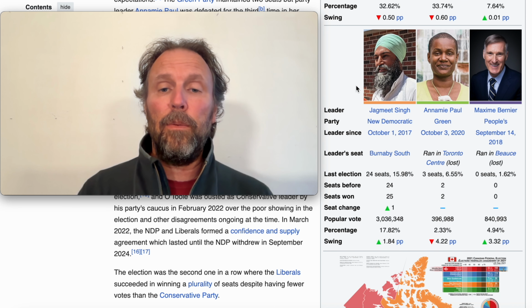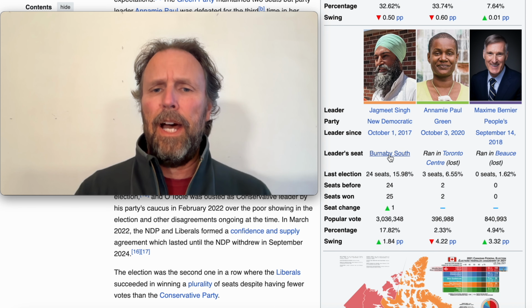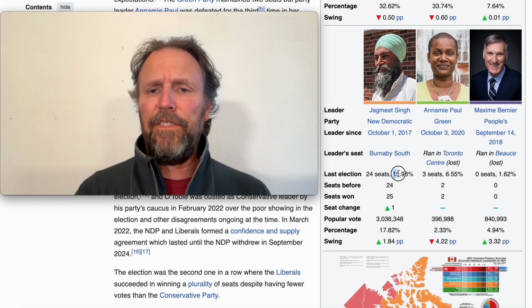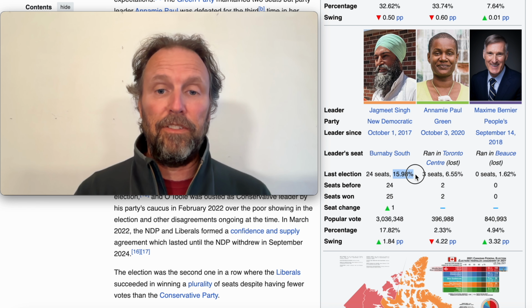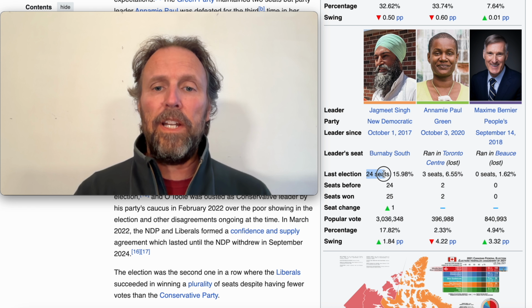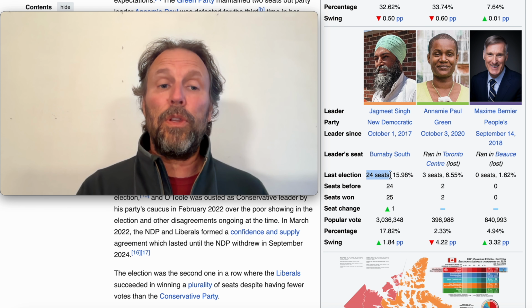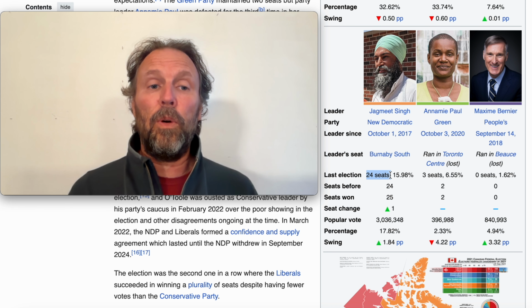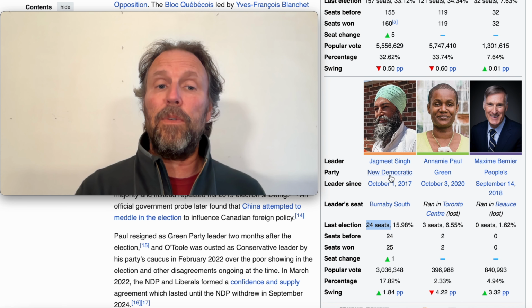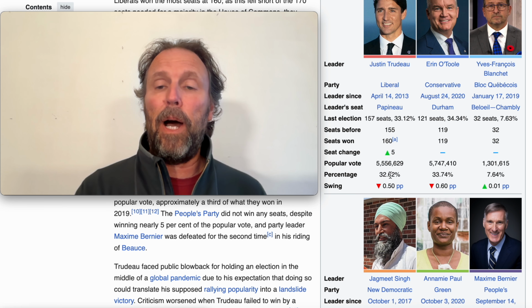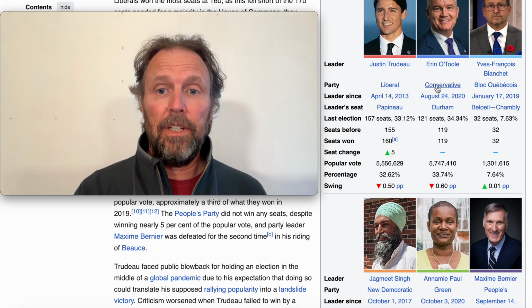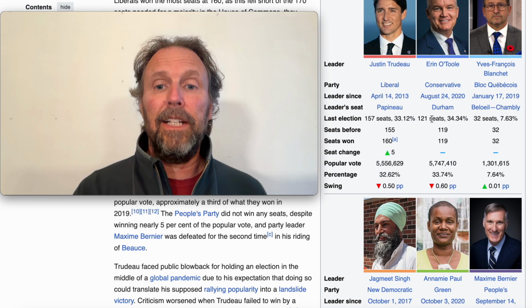The last party that we'll consider here is the NDP. They received 15.98% of the popular vote and 24 seats in the House of Commons. So the results in 2021 were such that the party that received the highest percentage of the popular vote, the Conservatives, came in second in the election.